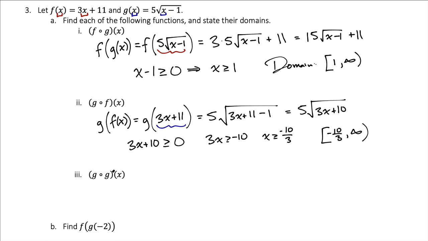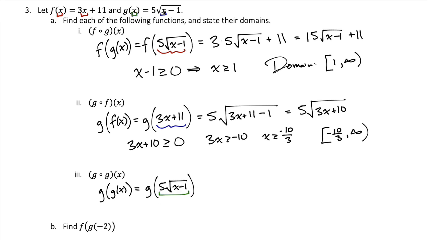All right, finally, for g composed with g, these always are a little bit confusing when you're first working with function composition. But we can follow our same process. Okay, this inside function g of x is 5 times the square root of x minus 1. And now we are using that as the input of g.